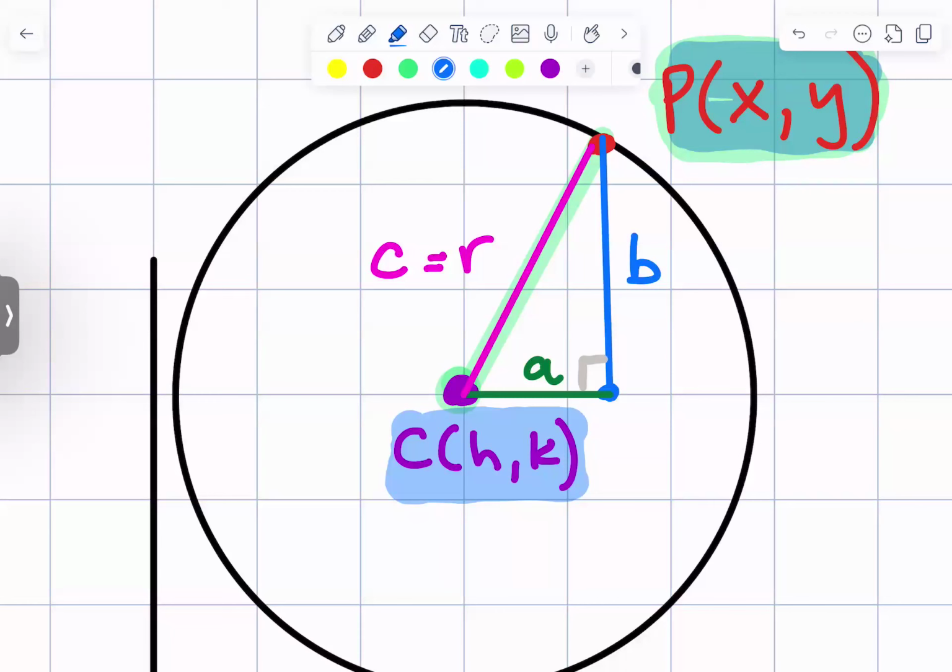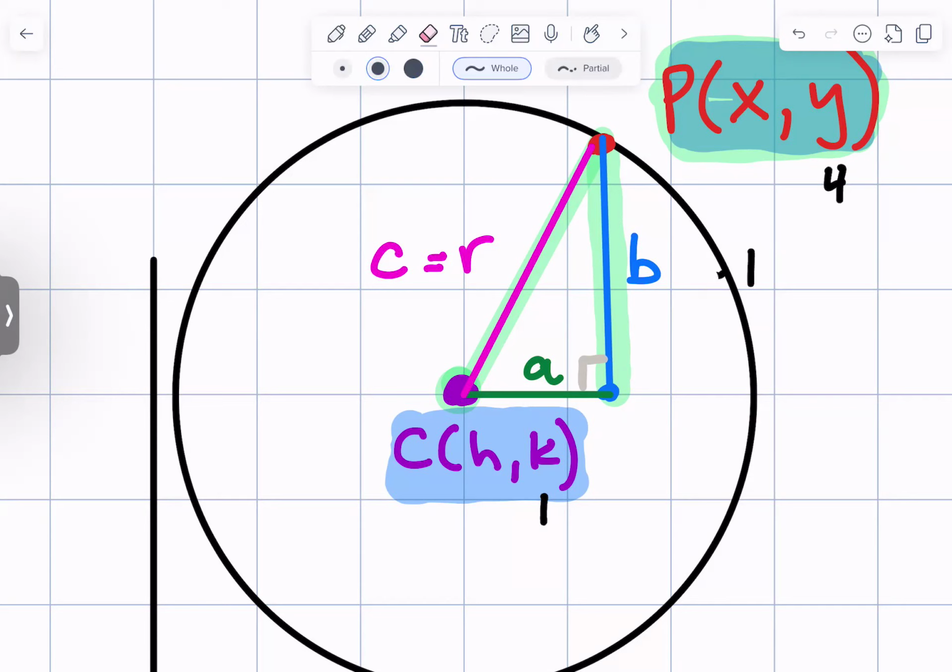So on this vertical line, if we just take B, for example, the Y's would change. The X's would be the same, but the Y's would change, correct? So let's say, for example, if my Y value here was 4, and my K value here was 1, this length would be 4 minus 1, correct? Yeah, this would have a length of 3, right?